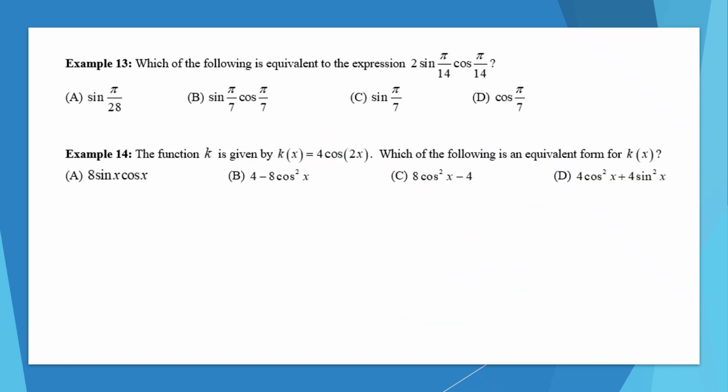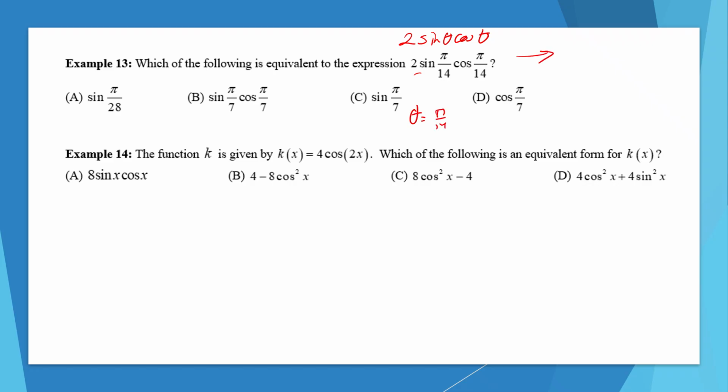Right, example 13. These are questions that you're going to see more than likely on the quiz, so just be prepared for questions like these. Which of the following is equivalent to 2 sine pi over 14 cosine pi over 14? Here, this looks like 2 sine theta cosine theta, where theta is pi over 14.